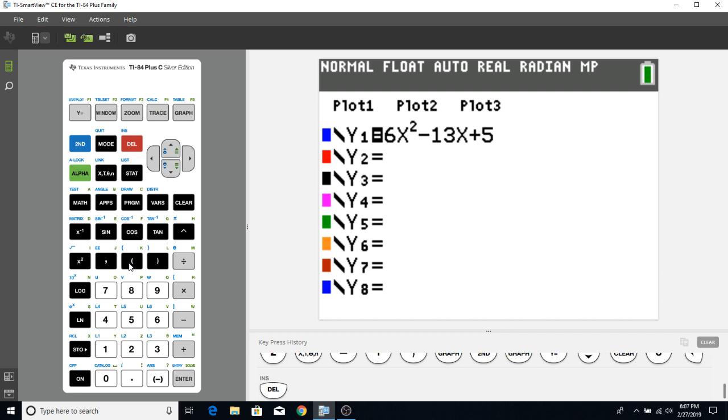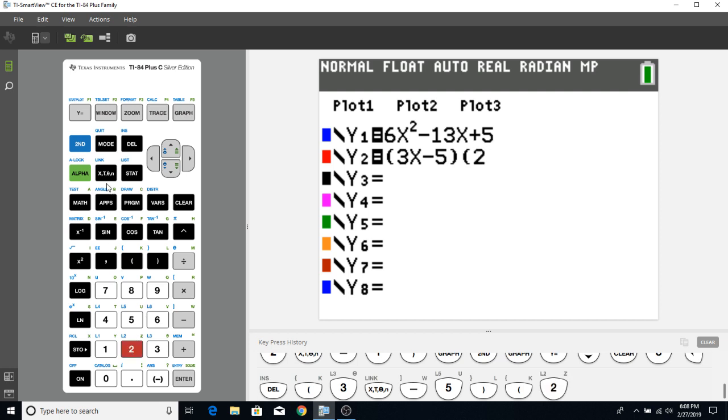Learn from me. Open parentheses, 3x minus 5, close parentheses, open parentheses, 2x minus 1, close parentheses. Okay, now graph this.